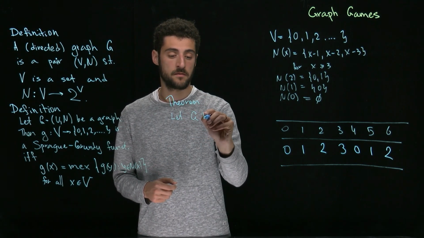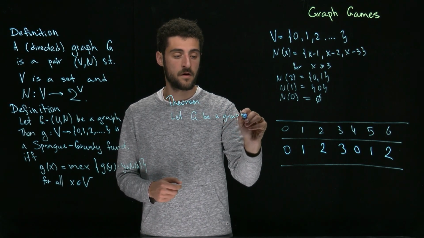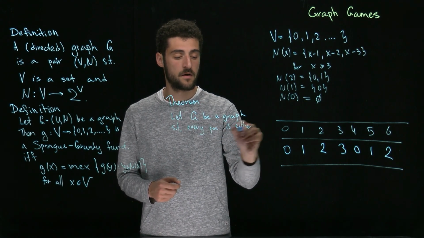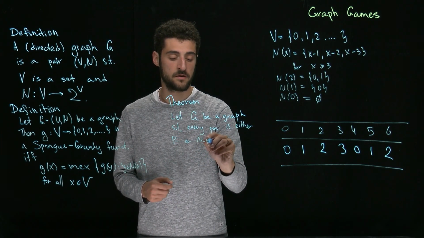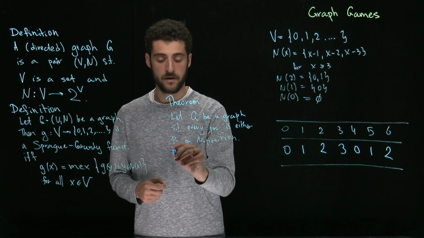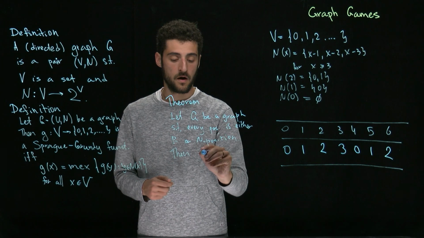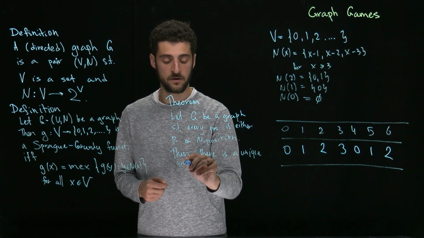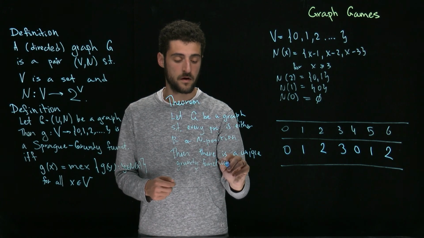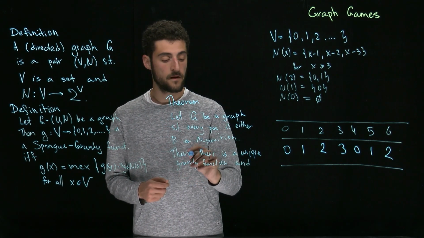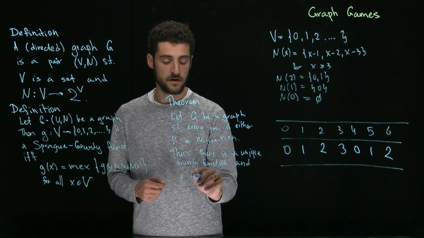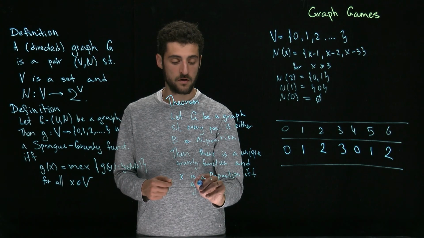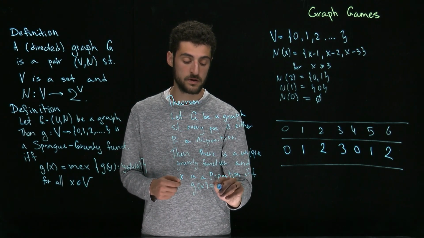If you have a graph G such that every position is either P or N position, then there is a unique Grundy function, and x is a P position if and only if g of x, the Grundy function, is equal to 0.